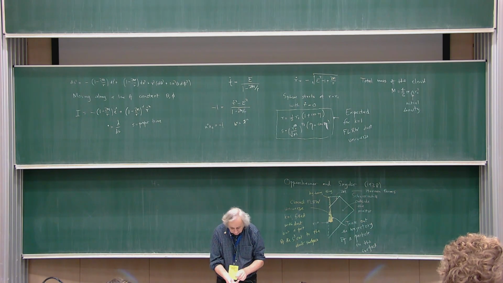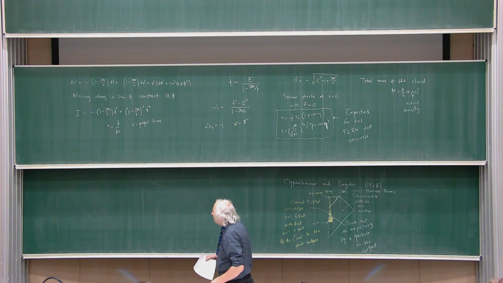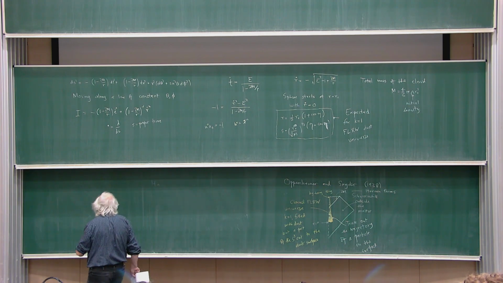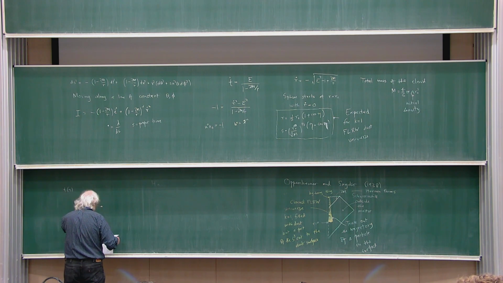And if you work it out, which requires a great deal of patience, t as a function of eta, so this is the Schwarzschild time coordinate of the surface.